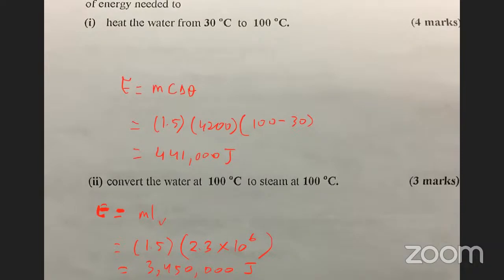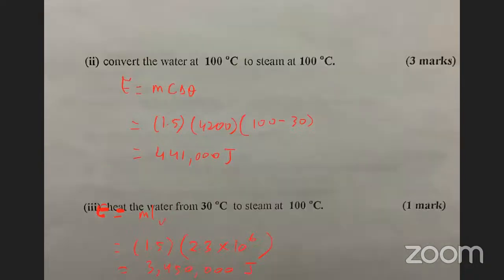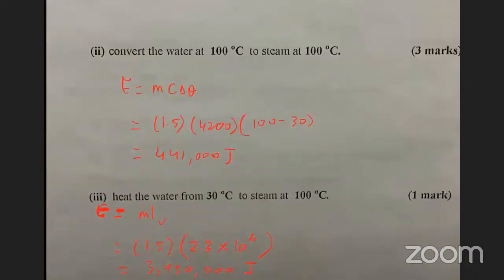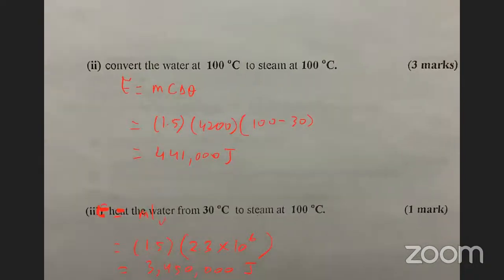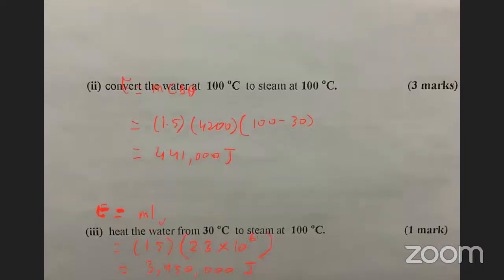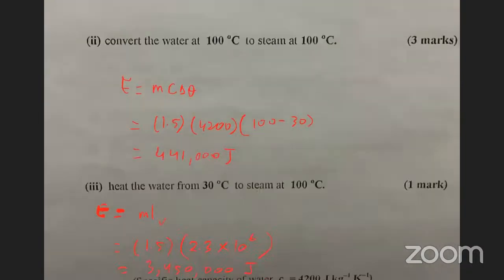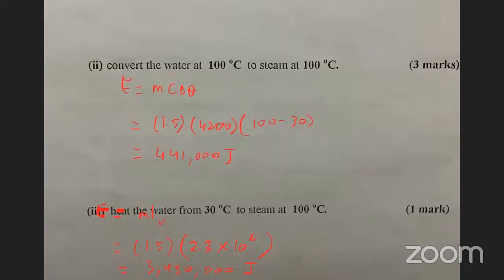And last part, you want to heat water from 30 degrees to 100 degrees steam. How are you doing that? That's just one mark. Any ideas how we go from 30 degrees water to 100 degrees steam?